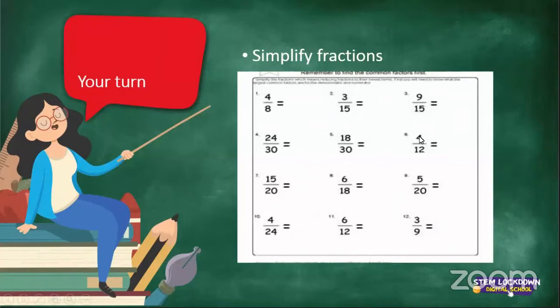And here we have 4 over 12, and we'll use 4 as a divisor. 4 goes into 4 once, and 4 goes into 12 3 times. So the answer will be 1 over 3.